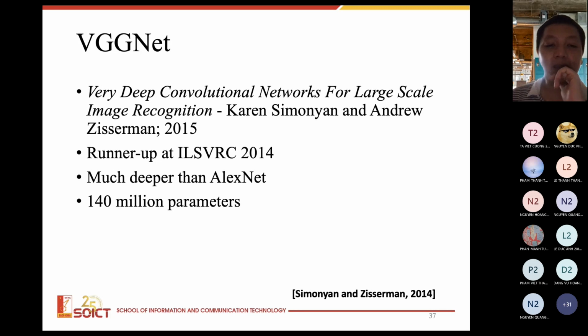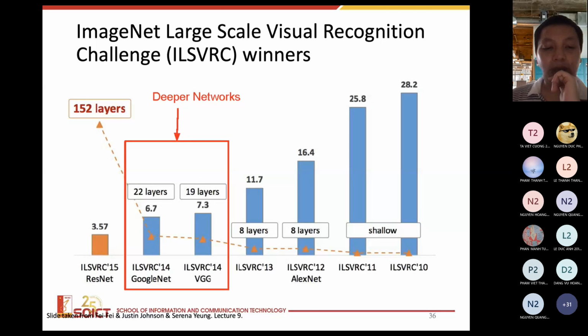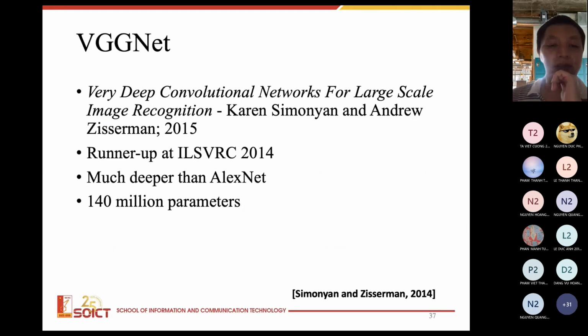It is the runner-up of the ILSVRC competition in 2014. So actually the winner is GoogLeNet and VGG is the runner-up.